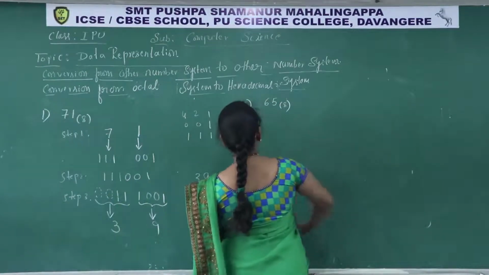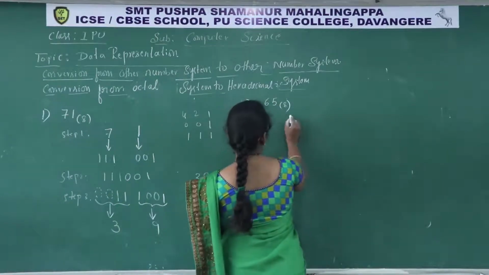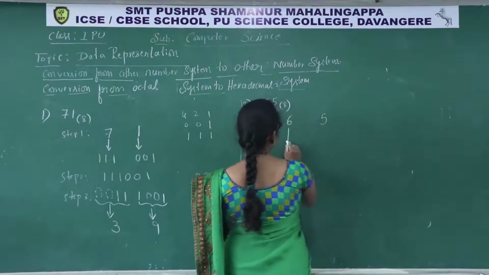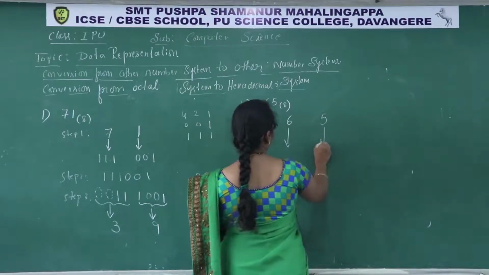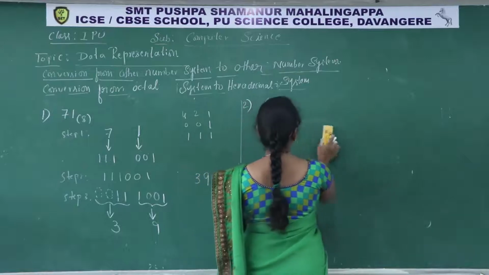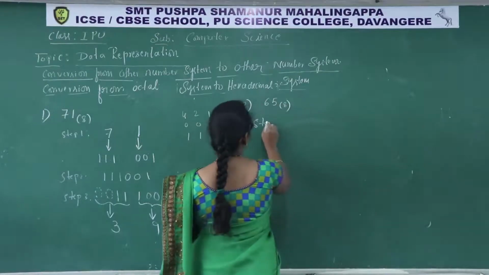Now 65 base 8, 6 and 5. Let us write the 3-bit binary. I'll write the steps here so that you can understand. Step 1.